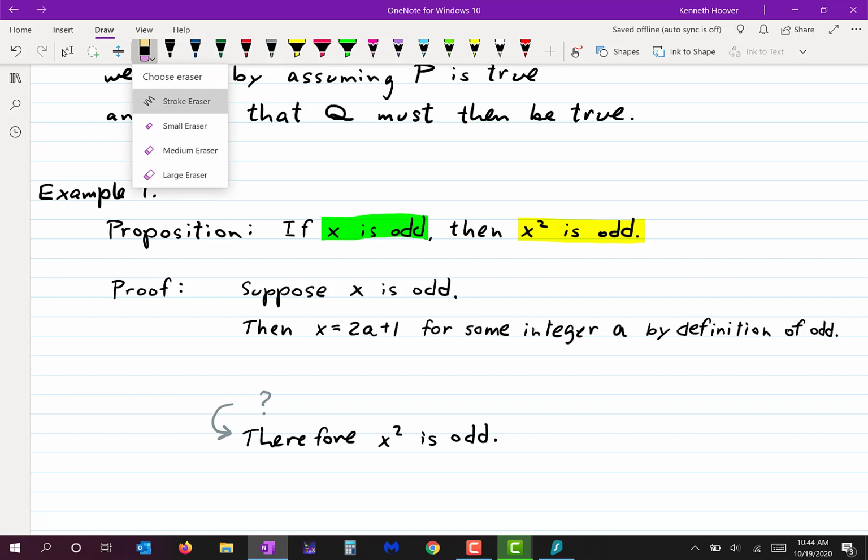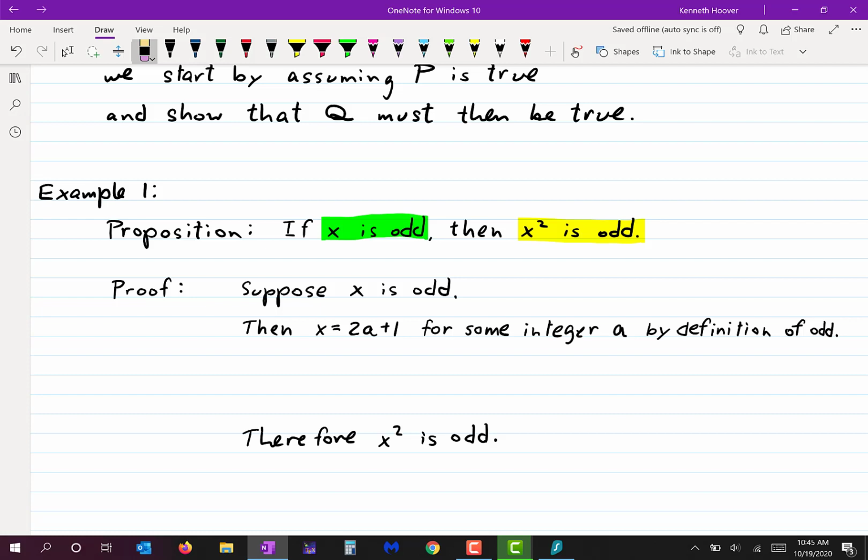Now I can't write 2a plus 1 because I've already said that x equals 2a plus 1 for some a. So I have set a. I have cemented a. A is the number that I double and add 1 to in order to get x.